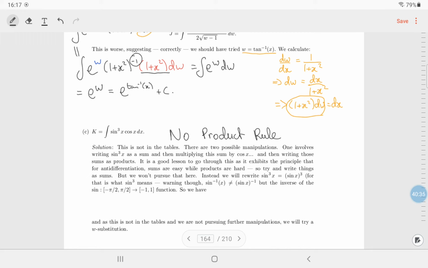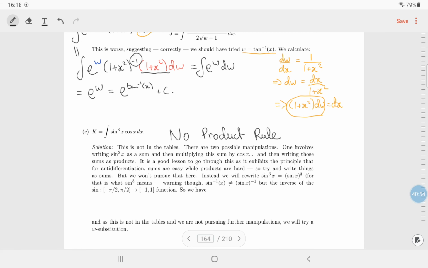So when you don't have a product rule, you're good with sums. If you could possibly write sine cubed x by cos x as a sum, then you can anti-differentiate each term in the sum, term by term, that's good. But we won't do that here.